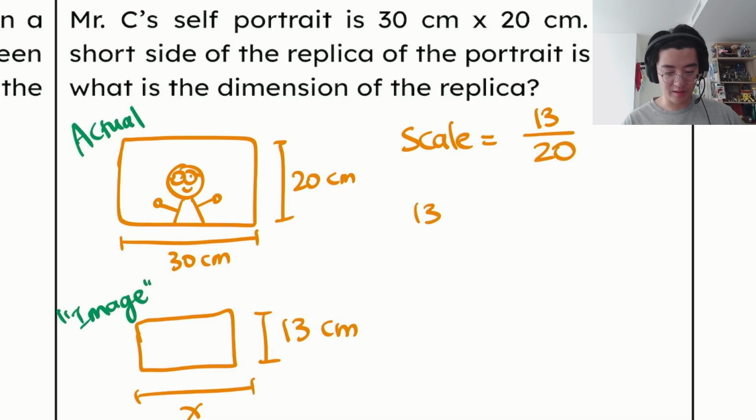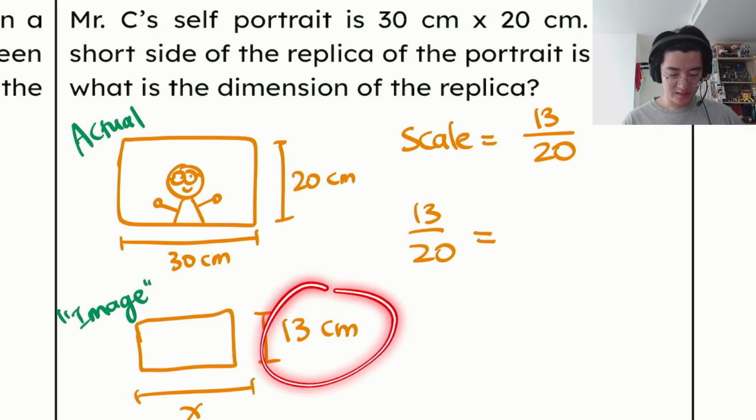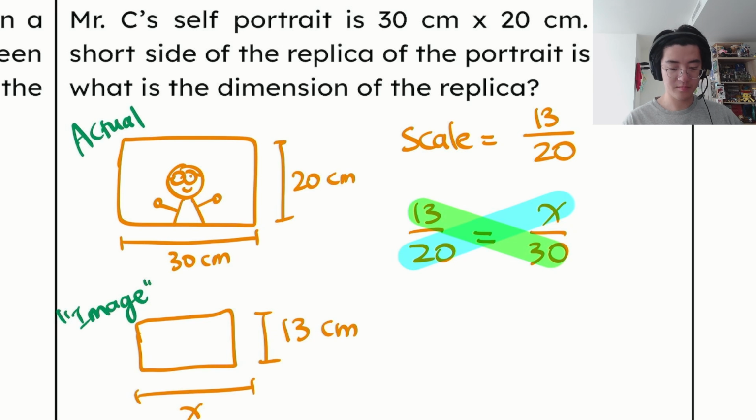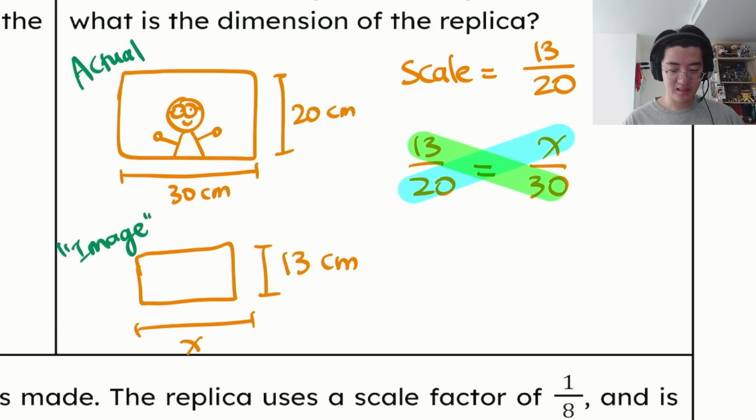And from there, we just do our little cross multiplication butterfly. So this is image over the actual, image over the actual. So x over 30. Do our little butterfly. Okay, so 13 times 30 is 390. 20 times x is just 20x, of course.